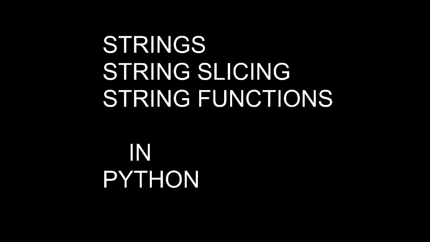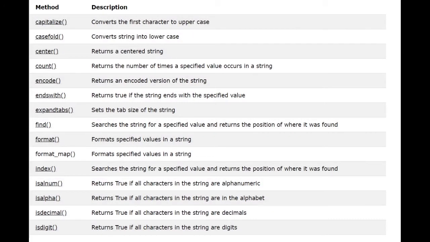Now we will see the string functions or methods used in Python. It is a long list. More than 40 methods are used in Python for various string manipulation.